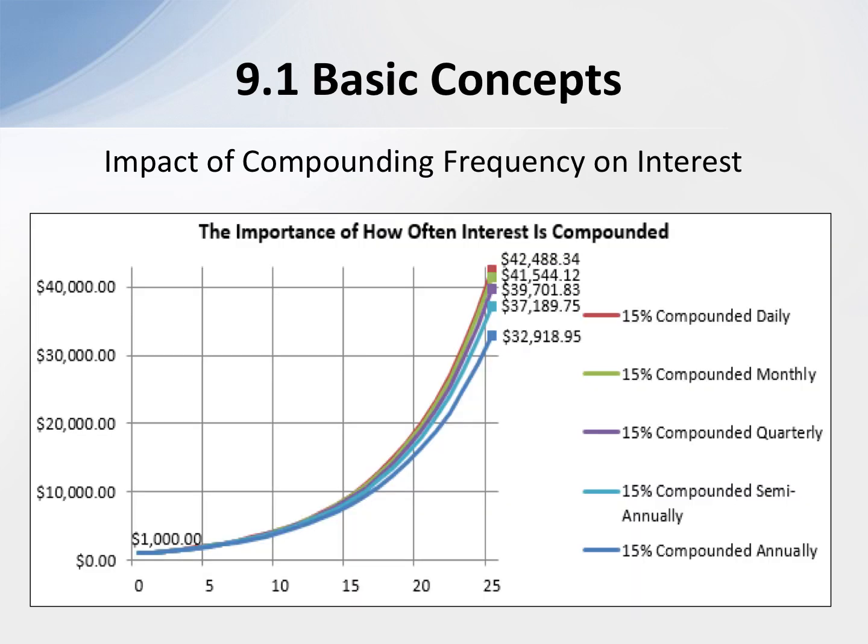In a prior slide, we looked at the impact of simply changing the interest rate, and we saw that the higher the interest rate, the higher the outcome of the investment or loan, the higher the future value.